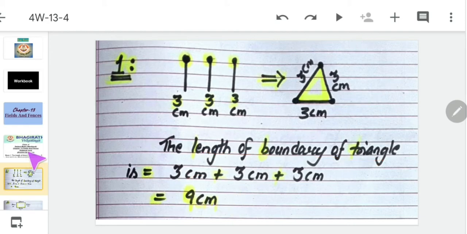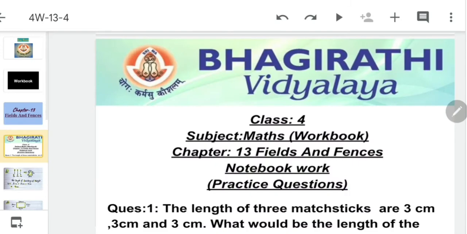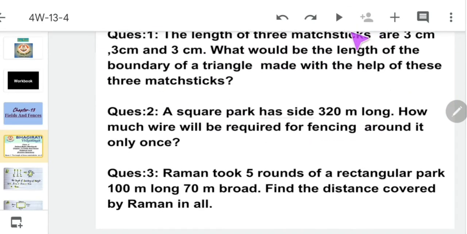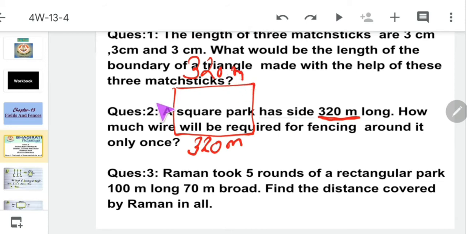Okay. Now let's see the second question. The question is, a square park has a side 320 meter long. If we have a square shaped park and its side is 320 meter long, it means each side is 320 meter long.